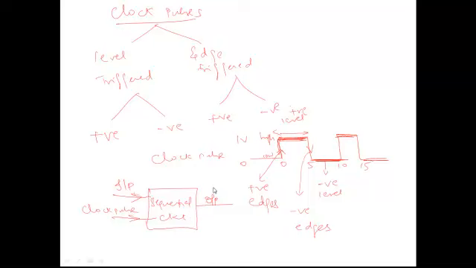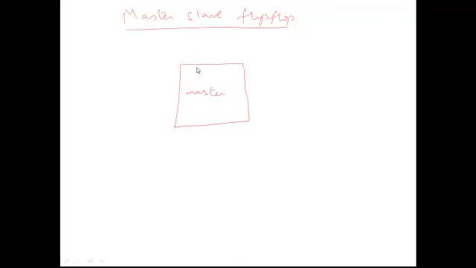Whatever flip-flops I have discussed so far are with respect to positive level triggering only. But if you want to design an edge triggering flip-flop, in that case you can go for a master slave flip-flop. In a master slave flip-flop, one flip-flop will be acting as a master, flip-flop 1, and another flip-flop will be acting as a slave.